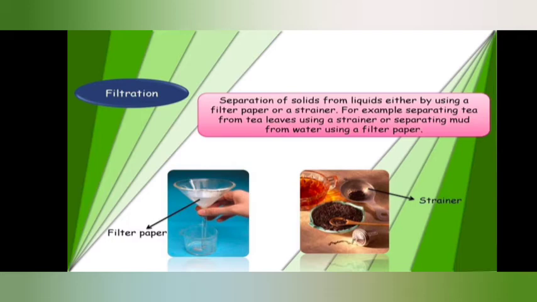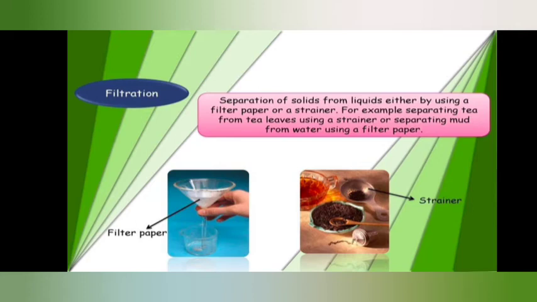You can see in the example that a filter paper is put inside the funnel and a beaker is kept below the funnel. Pour the muddy water into the filter paper cone using a glass rod, and what do you find after some time? The clean water collects in the beaker while the mud particles remain inside the cone, and it is done through filtration.